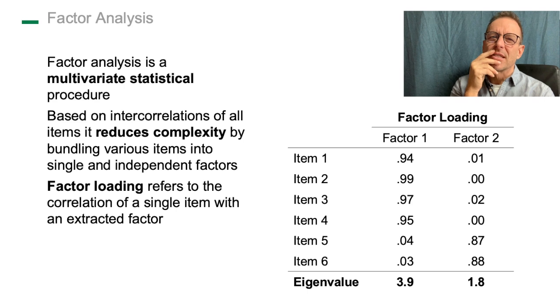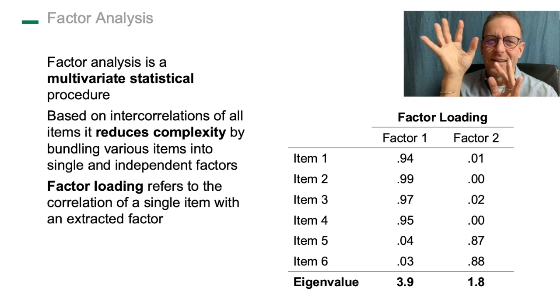Okay, one item is I like to party, the other item is I like to meet people, and the other item that loads high on this factor is I like to have as many friends as possible, I like to dance, and you say party, dance, many friends.